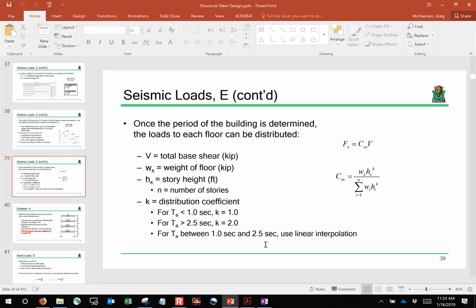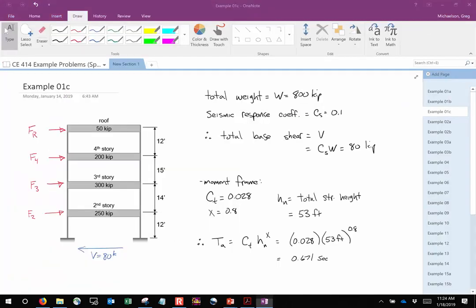And why is that? Because our period is less than 1 second, right? So therefore, k is 1.0. And if you want a reasoning, you can say Ta is less than 1.0 seconds.